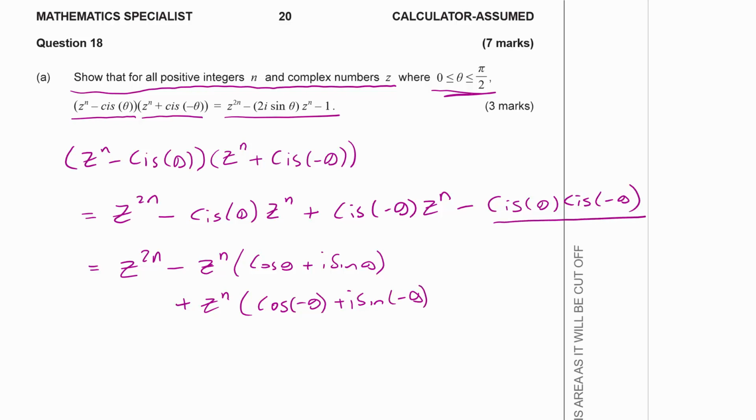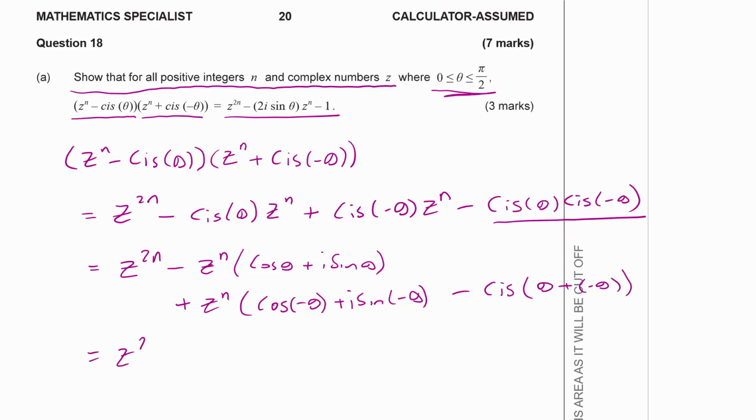And then here, remember what happens when we multiply complex numbers. We're just going to add the arguments. So that's going to give us cis theta add negative theta.